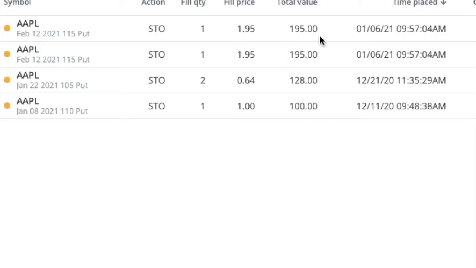So as you can see, I received more than $500 just selling put options for Apple. This is passive income that I've consistently been able to make. And these credit premiums are already in my account, so I could do whatever I want, whether I buy new shares or spend it whichever way I want.